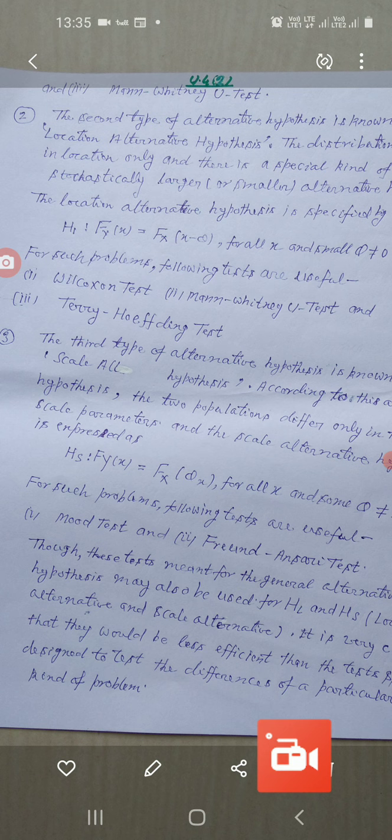And last, the third type of alternative hypothesis is known as the scale alternative hypothesis.